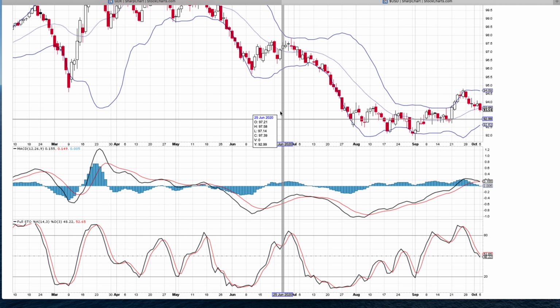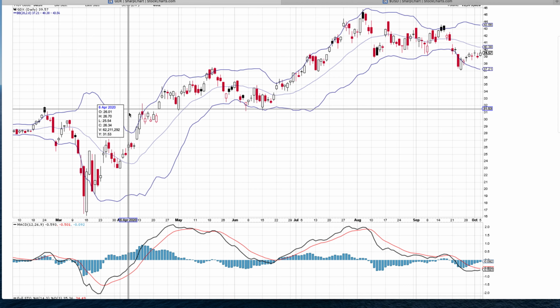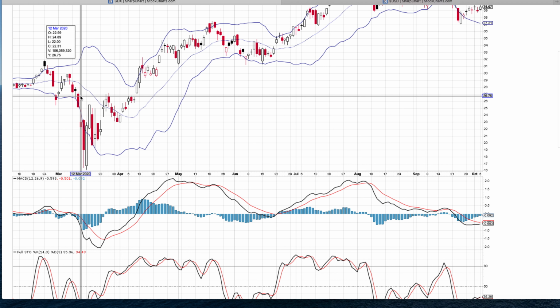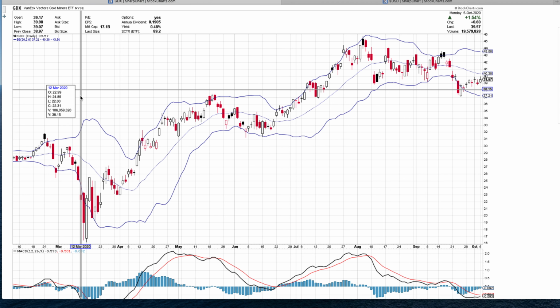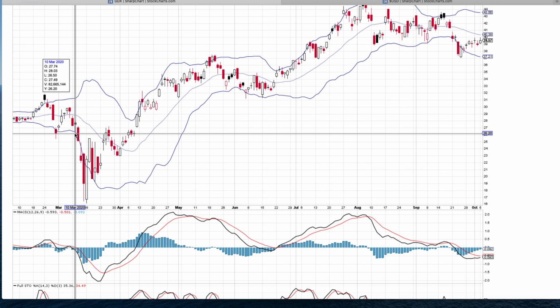So let's look at failed attempts of a Japanese candle. You have a beautiful hammer right here that had support price. This is GDX, by the way, GDX ETF, gold miners. So you have a beautiful hammer that has support at the lower end of the Bollinger Band. Yet there is something wrong with this picture.